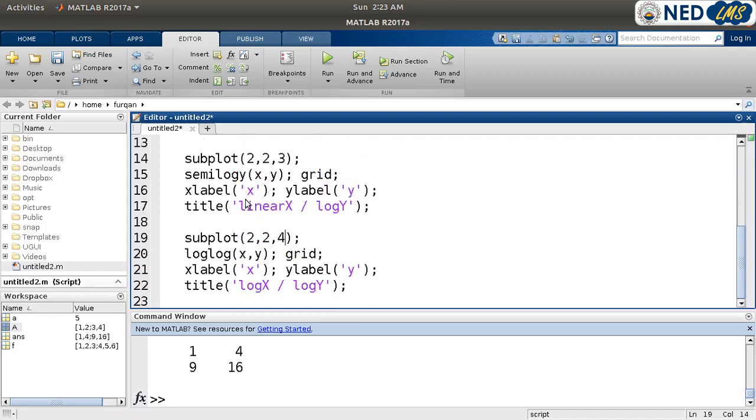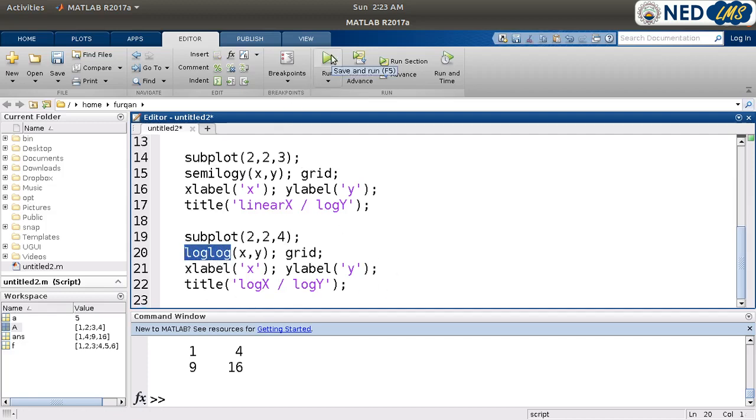In the third plot we will be using log of y on the y-axis, and the x will remain linear. And in the fourth figure we are using both scales as log scale.